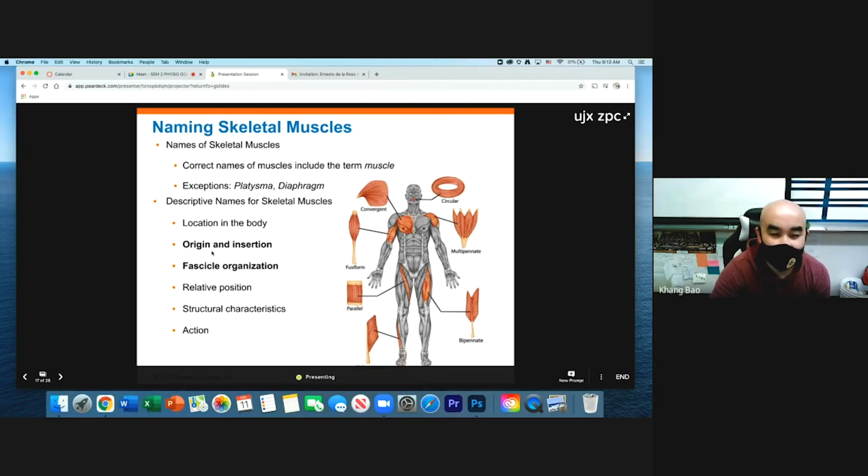And then you can also name by the origin and insertion, where they start and where they connect to. You can name them by the fascial organization we told you, like parallel, convergent, circular. You can name them by relative position, like are they closer to the pelvic or closer to the shoulder girdle. Structural characteristic and action as well, how they move.